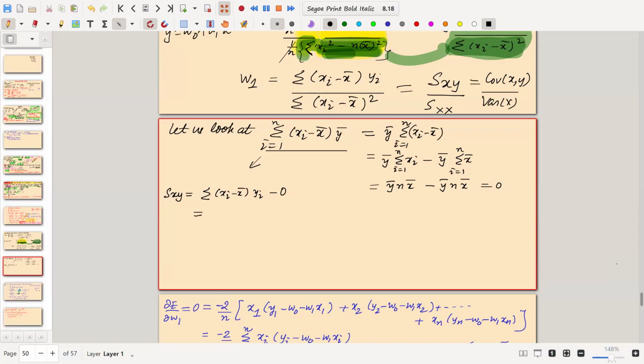Everyone say yes or no. Why? Summation of something is 0 and I am subtracting 0 and putting that expression, so why is there a problem? Okay. So suppose xi minus x bar into yi, and instead of 0, I write summation i equal to 1 to n of xi minus x bar into y bar. That summation is 0.